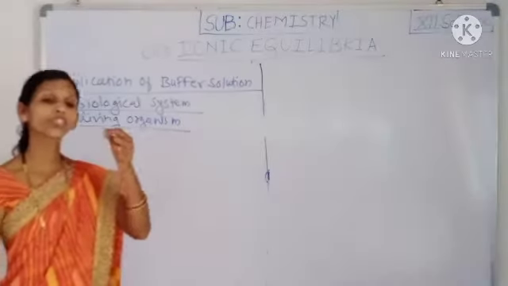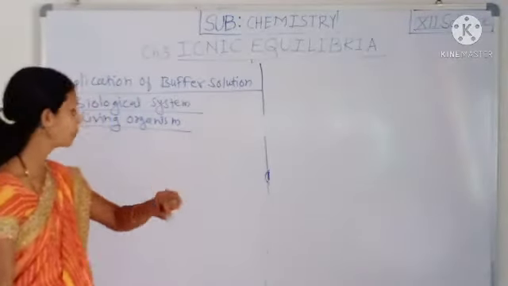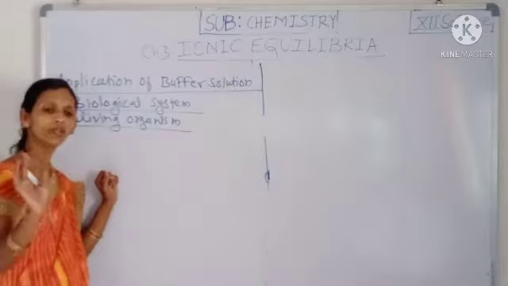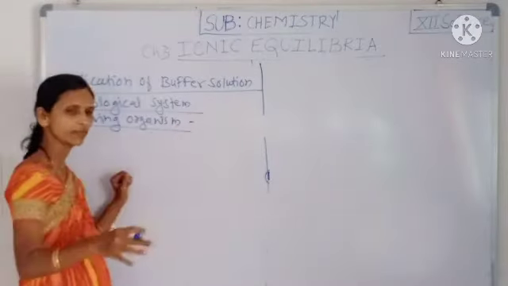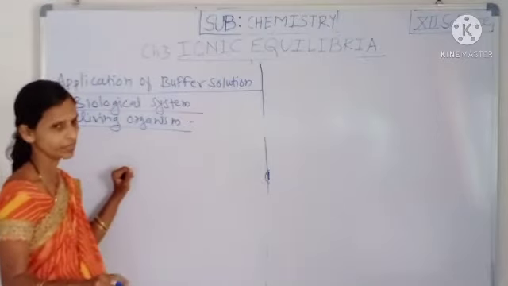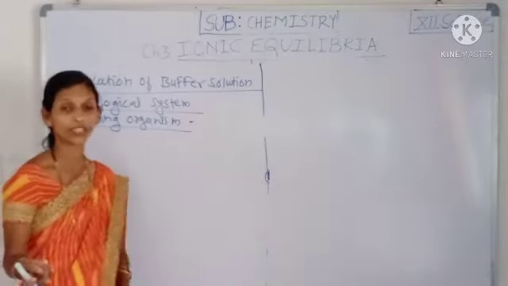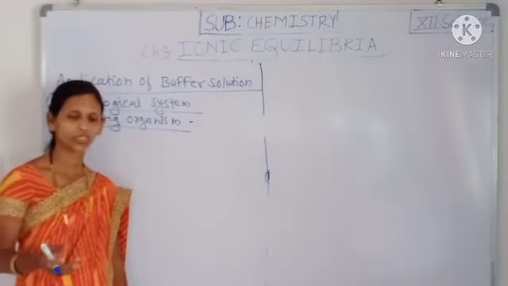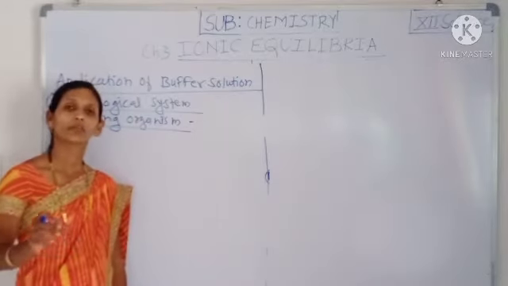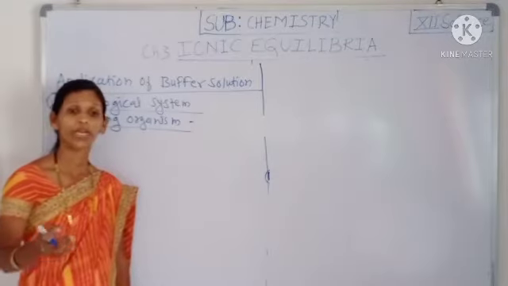Different types of physiological processes take place in living organisms, that means in plants as well as in animals, like respiration, digestion, excretion, photosynthesis, and blood circulation or ATP formation.